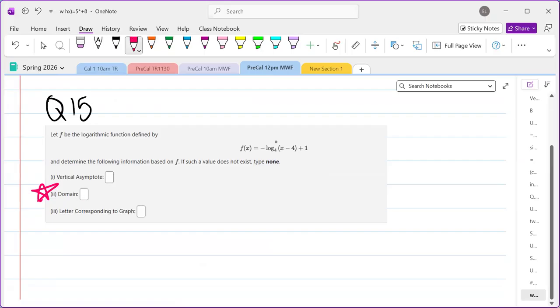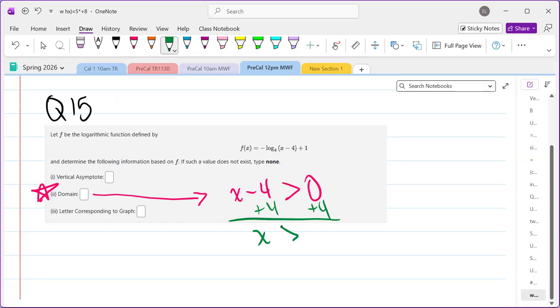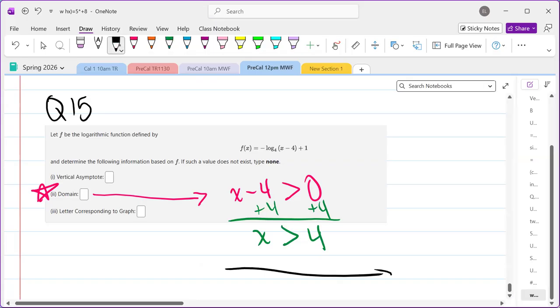So the domain comes from whatever is inside the logarithm. The domain restriction for logarithms is the inside must be positive. So that means the x minus 4 must be greater than 0. Which then I add 4, and I have the inequality x is greater than 4.